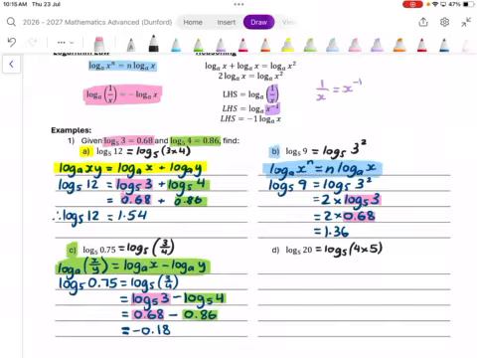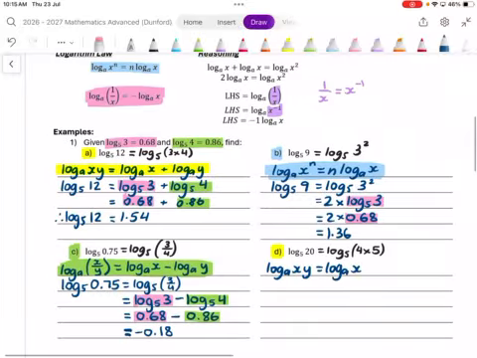So we're doing our multiplication again. So our multiplication is that yellow law. So we're going to write that out. Our log base a of xy equals log base a of x plus log base a of y.